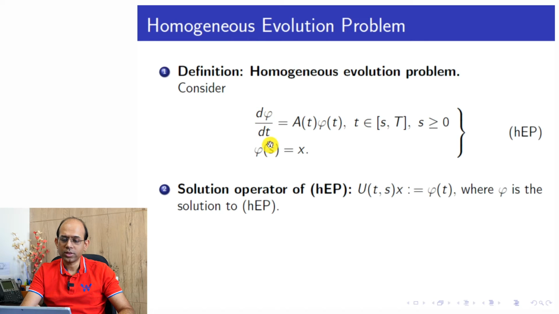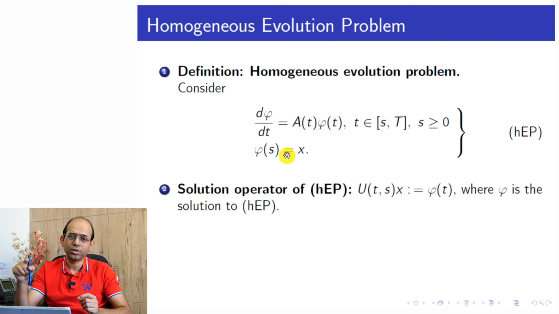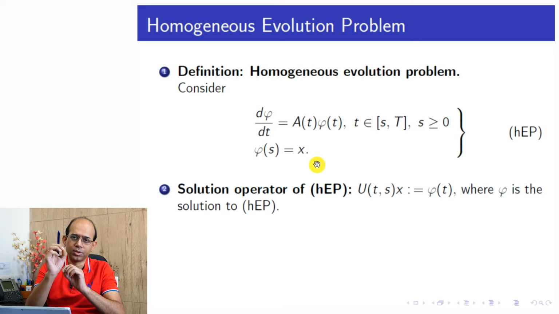See, this equation gives me one solution which depends on time. So it is time varying. So this is like a path on the Banach space, capital X, correct? So at time s, it takes the position small x, and then it varies.